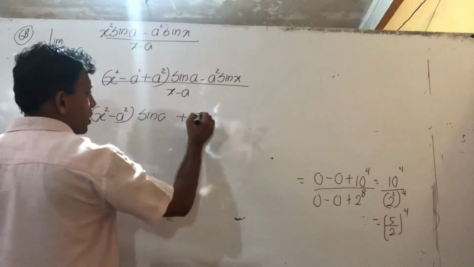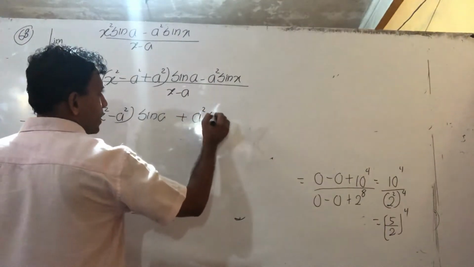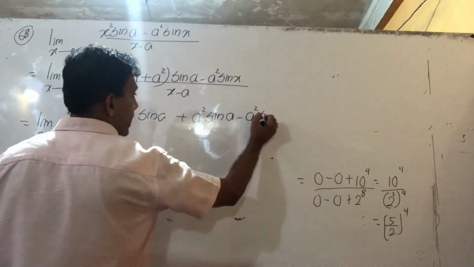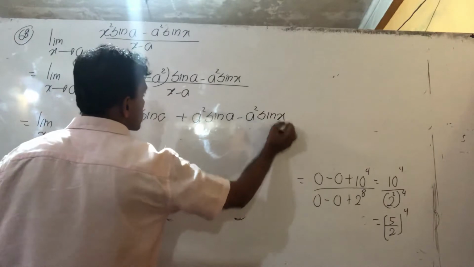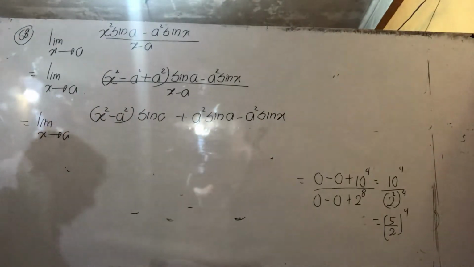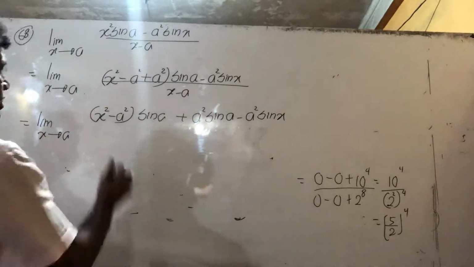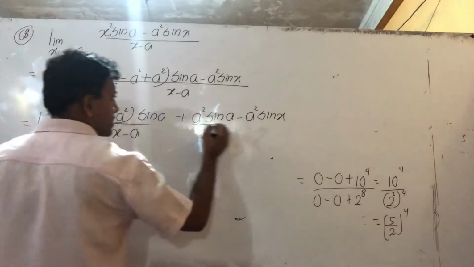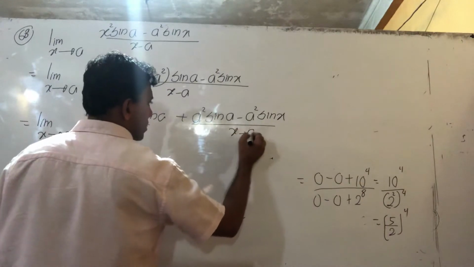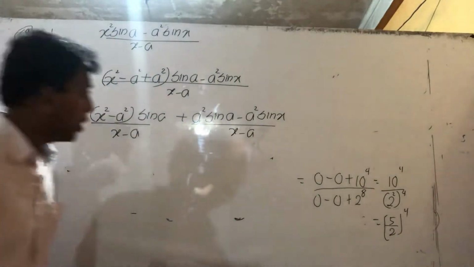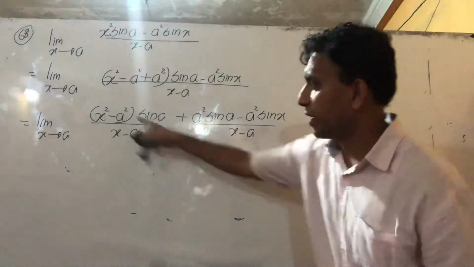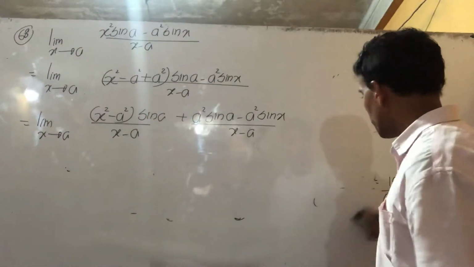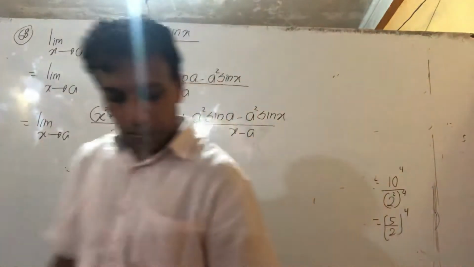Plus a squared sine a minus a squared sine x. Can I write the denominator separately? Common denominator x minus a for both. Now, we can factorize x squared minus a squared as x minus a times x plus a, right? Simplify that.